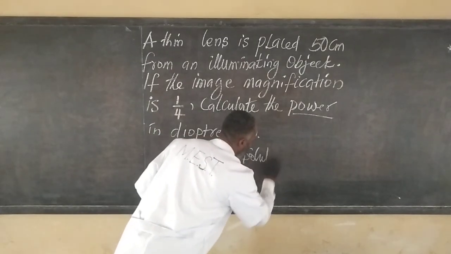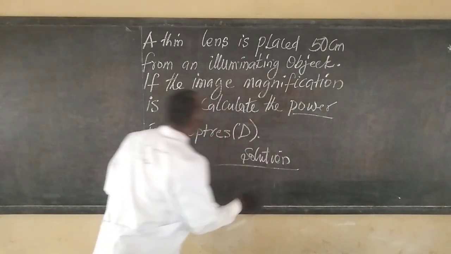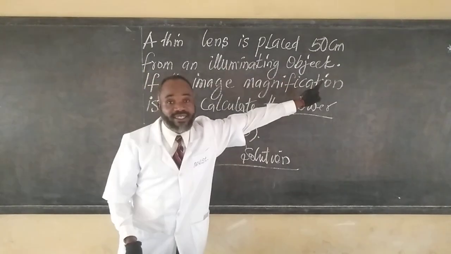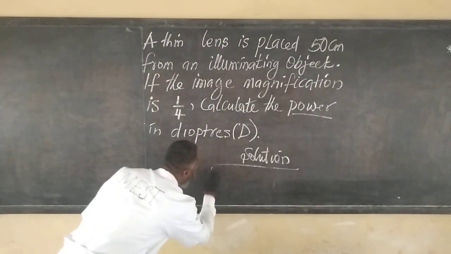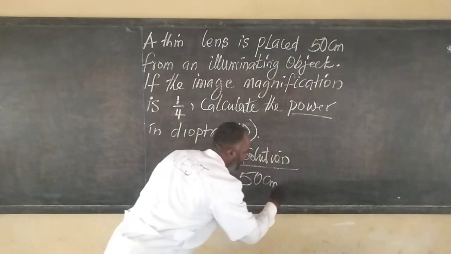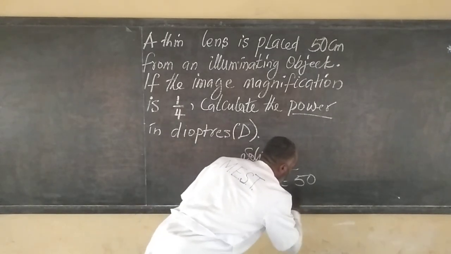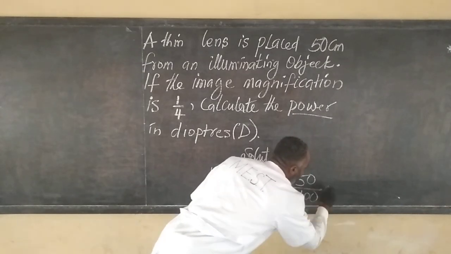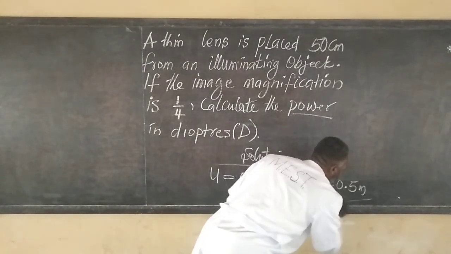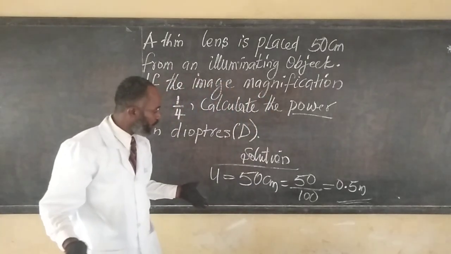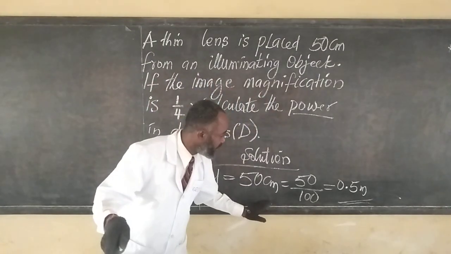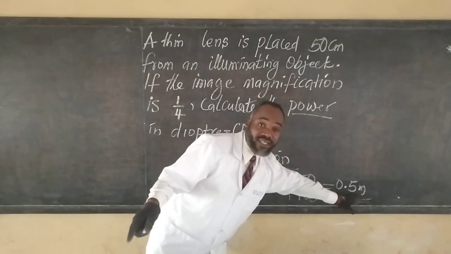Solution, without wasting time. A thin lens is placed 50 cm. That is the object distance, so u equals 50 cm. 50 over 100 simply means 0.5 meters. I've just converted from centimeters to 0.5 meters.